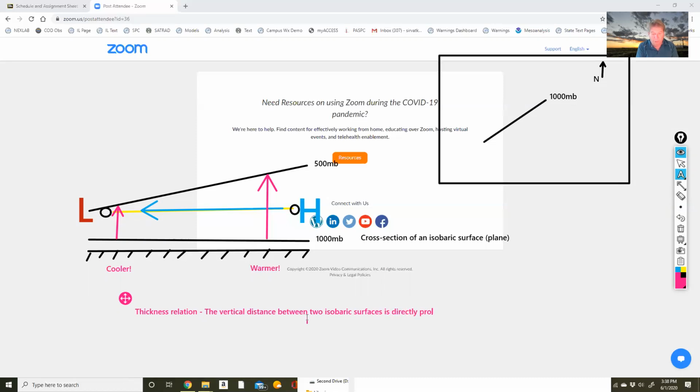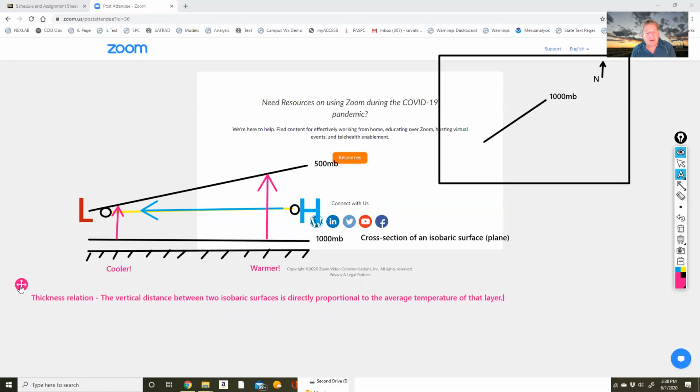directly proportional to the average temperature of that layer. The vertical distance between two isobaric surfaces is directly proportional to the average temperature of the layer.